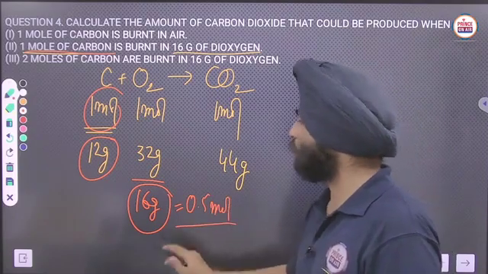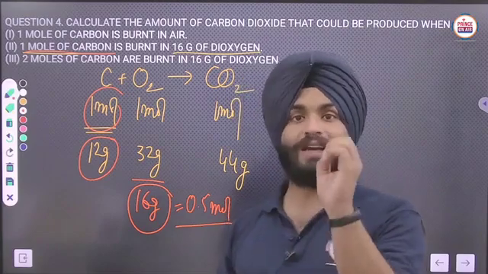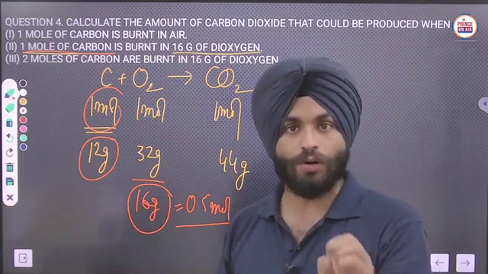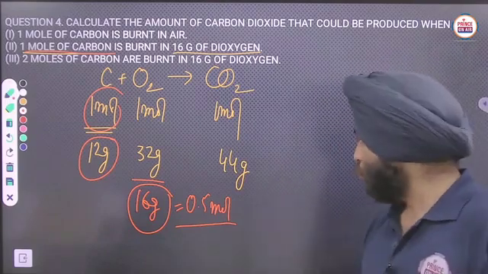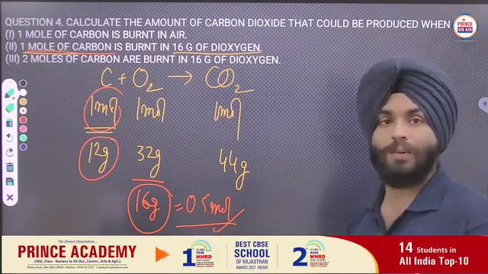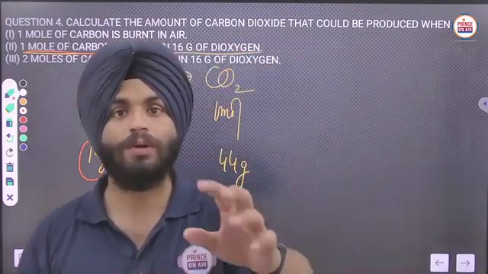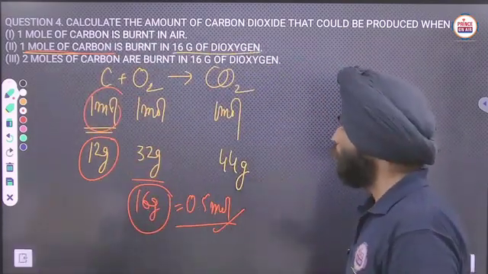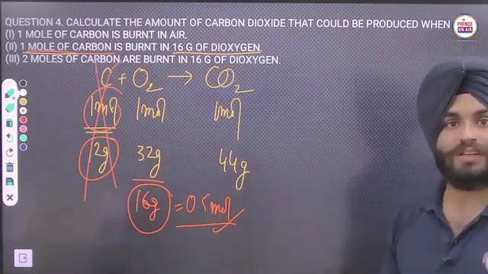The component which is less in amount limits the production of product, so that will be the limiting reagent. In this case, 0.5 mole of oxygen is the limiting reagent here. No need to see the amount of carbon given to you because it is in excess.